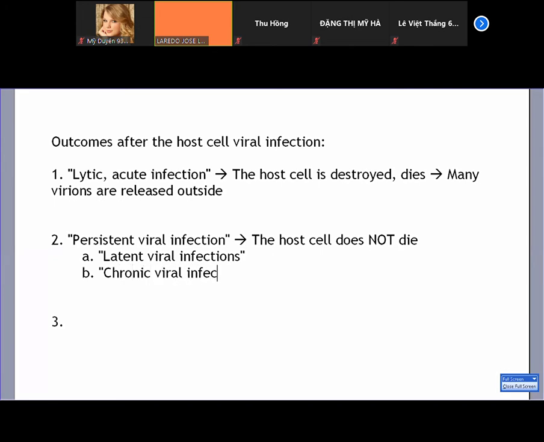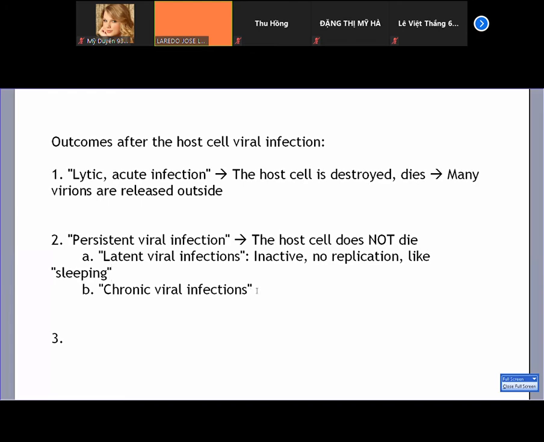And what's the difference? Latent, you already know, because this is from the first class. What is a latent viral infection? A latent viral infection is a persistent infection, so the host cell does not die, but the virus is inactive. No replication of the virus, like sleeping. You already know the concept.